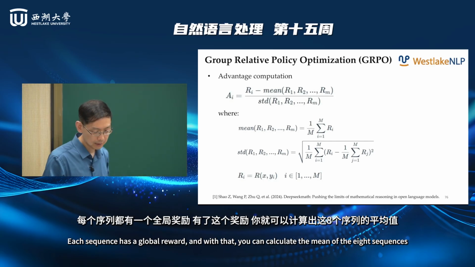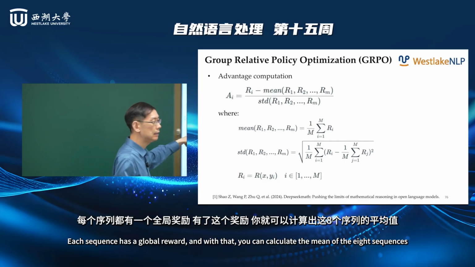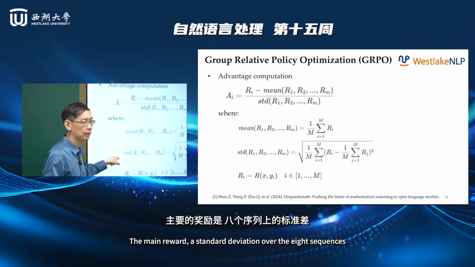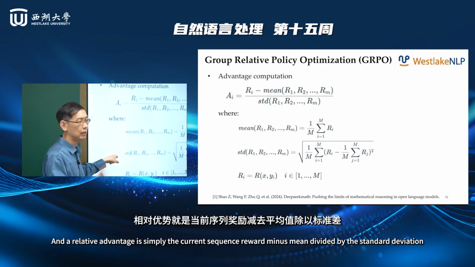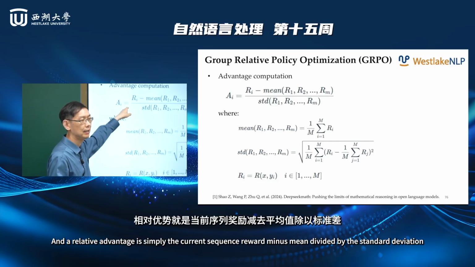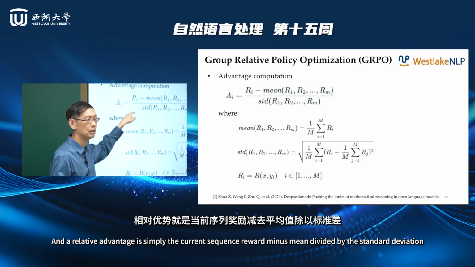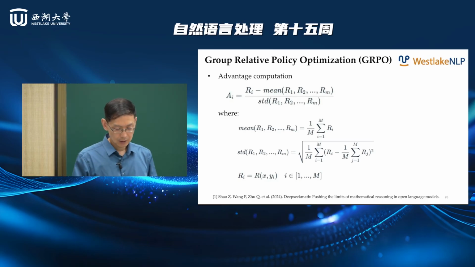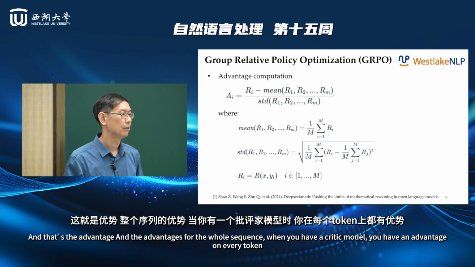With that, you can calculate the mean reward of the 8 sequences and the standard deviation over the 8 sequences. And the relative advantage is simply the current sequence reward minus the mean, divided by the standard deviation. And that's the advantage.